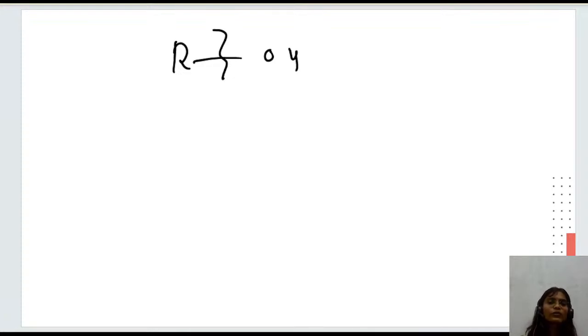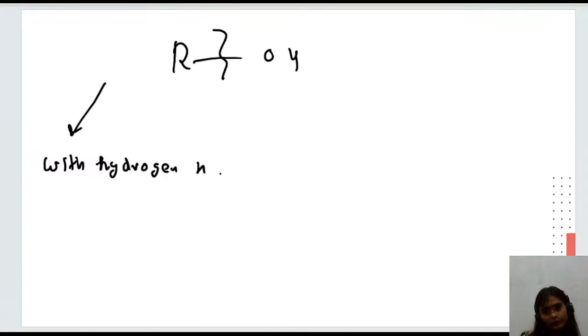In this case, we are going to discuss many reactions in the next class. Just one reaction we are going to start in today's class. In the ROH part, the first type is the reaction with hydrogen halide. The second one is with phosphorus halide.